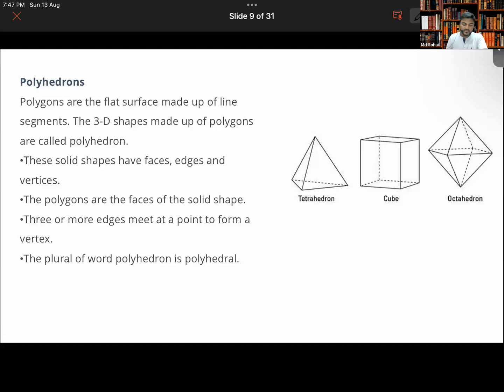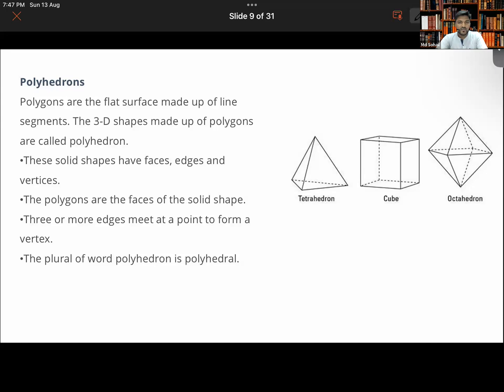The next concept is polyhedrons. What are polyhedrons? Any idea? It is basically a solid in 3 dimensions with flat polygonal surfaces, and they have straight edges and sharp corners or vertices.